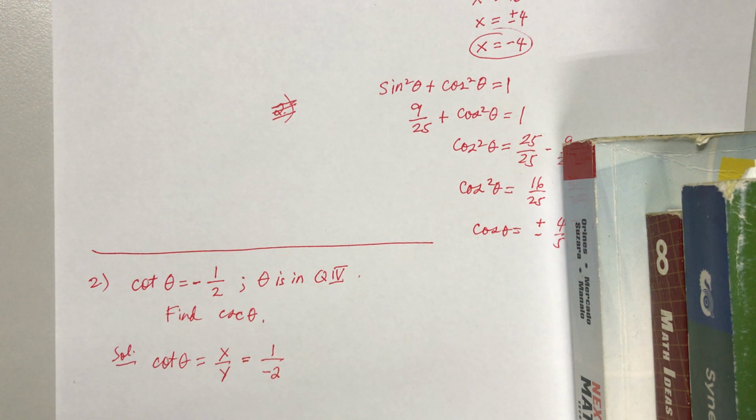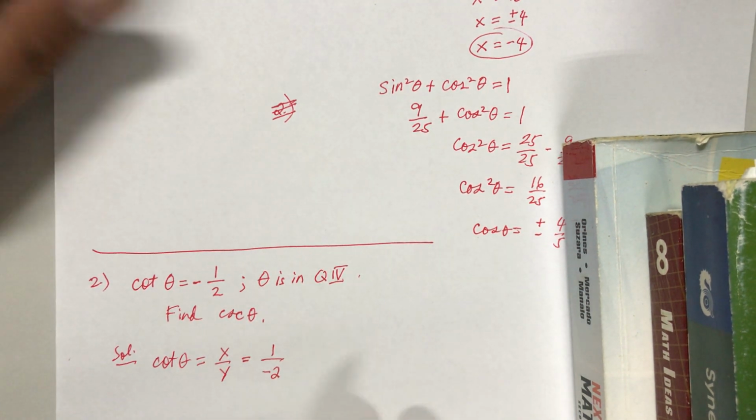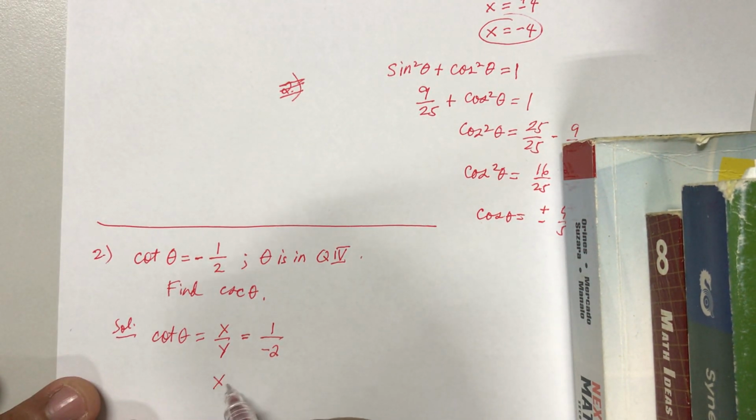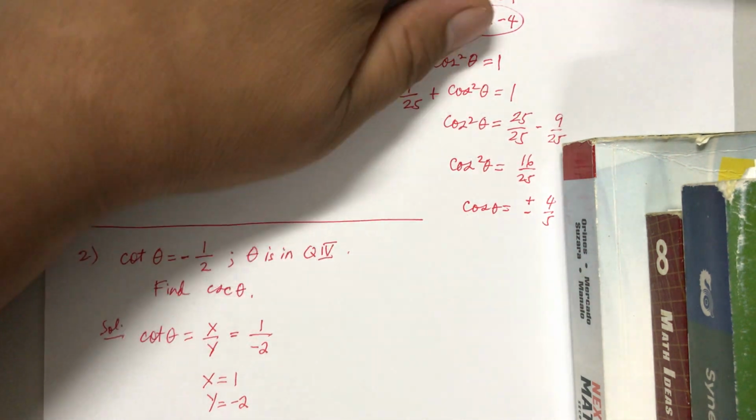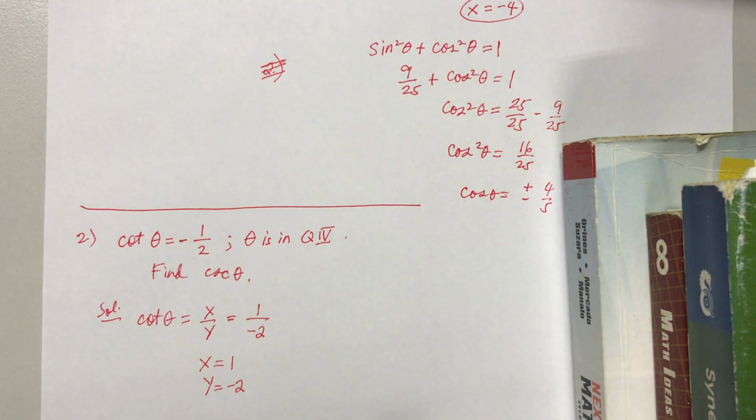Because in quadrant 4, where you find the angle theta drawn in standard position, the abscissa is positive while the ordinate is negative. Therefore, x must be positive and y must be negative. So for emphasis, let me rewrite it. x is equal to 1, y is equal to negative 2. Do you follow? Okay.